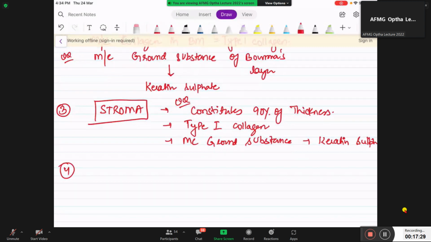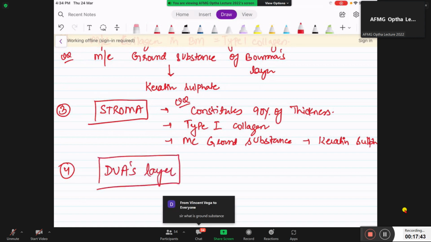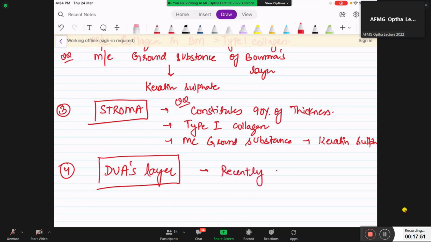Now coming back to A, B, C, D again. I told you there are 2 Ds, right? So the first D is now Dua's layer. This Dua's layer is a recently identified corneal layer.